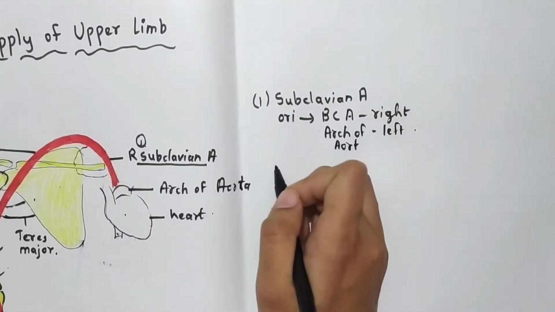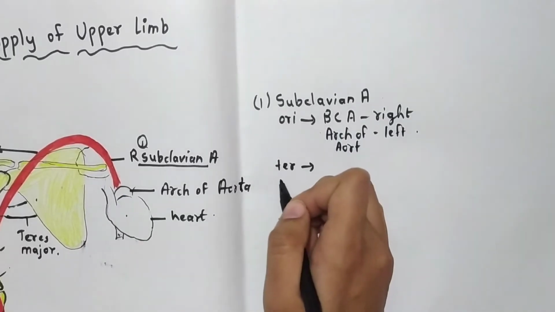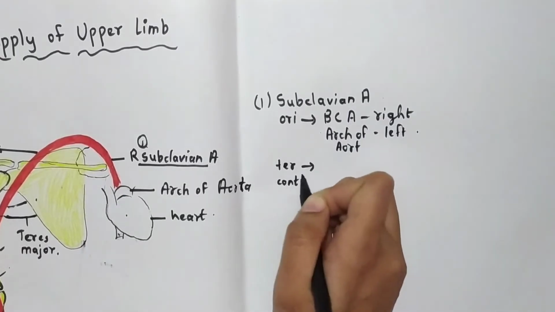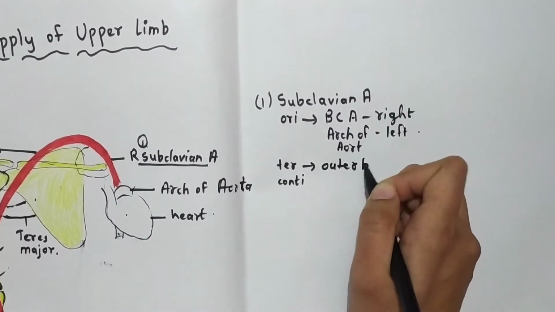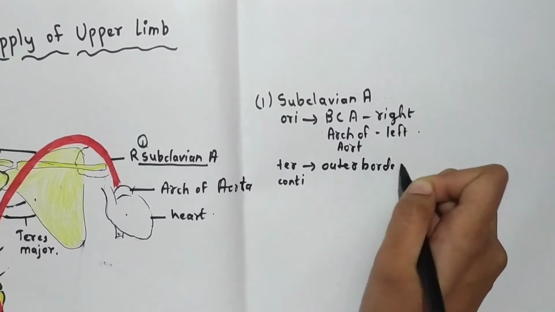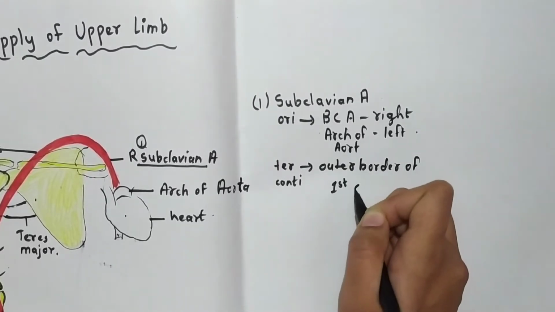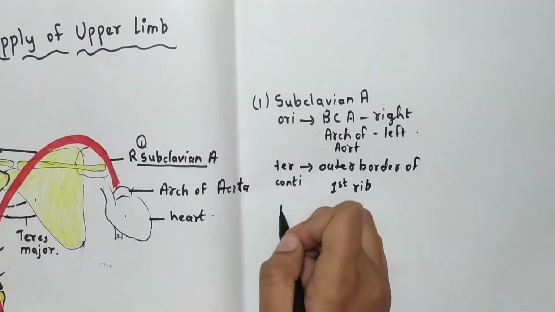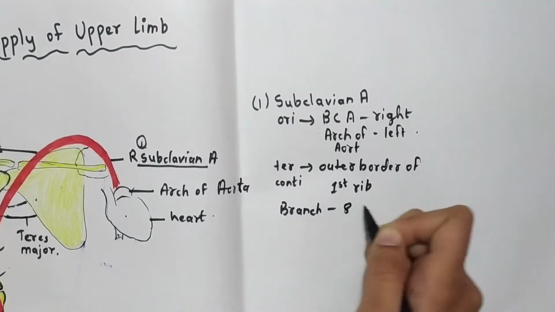Its termination or continuation is from the outer border of first rib, and it has 8 branches.